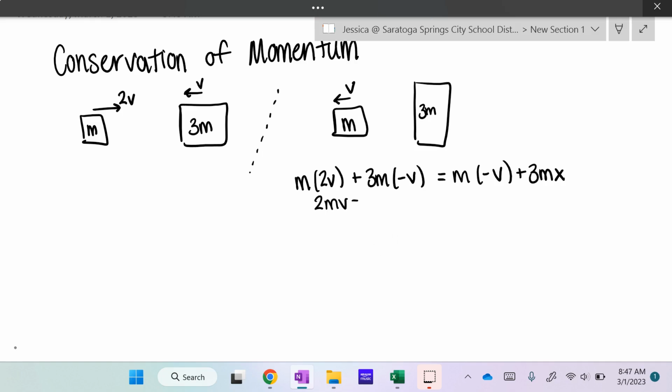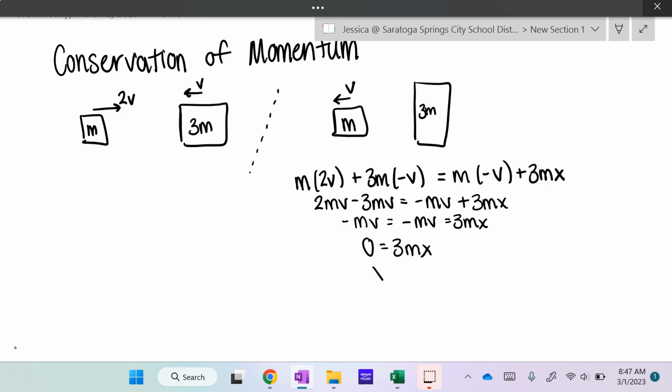So it's 2mv minus 3mv, which is negative mv, plus 3mx. Adding mv to both sides, I get 0 here. So what that means is the 3m block actually comes to a stop in this collision.